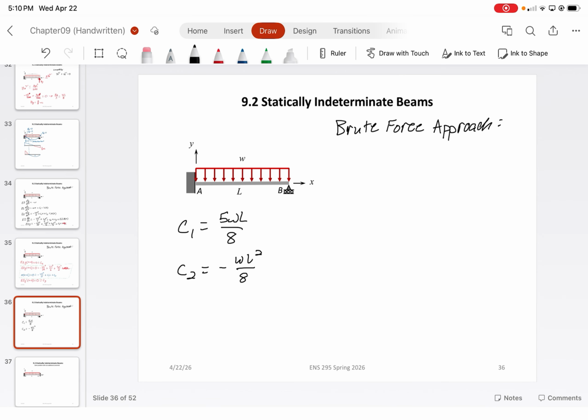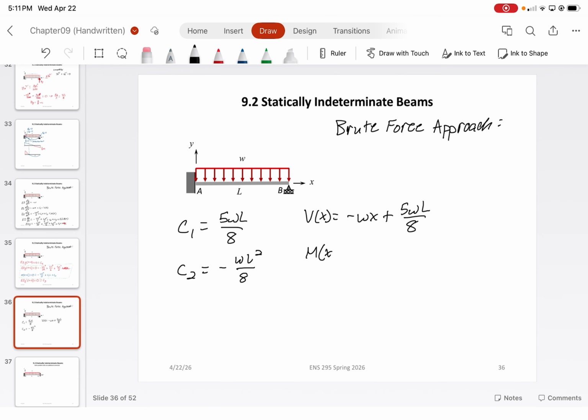Now, what does this tell us? It just tells us aspects of our equations now that we can then solve for the remainder of the system. So, just going straight into it, we could plug these directly back into all of our equations. So we can say V of x, which we defined already, was equal to negative Wx plus C1, which we computed as 5WL over 8.